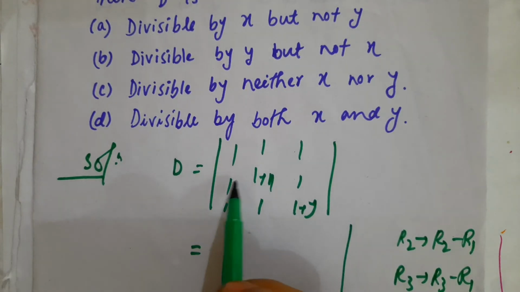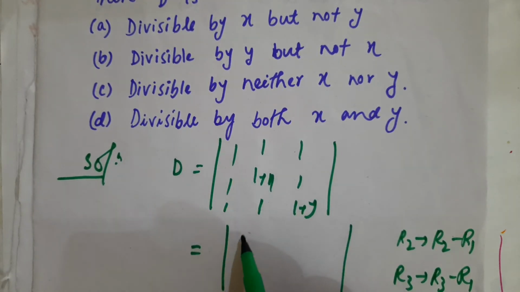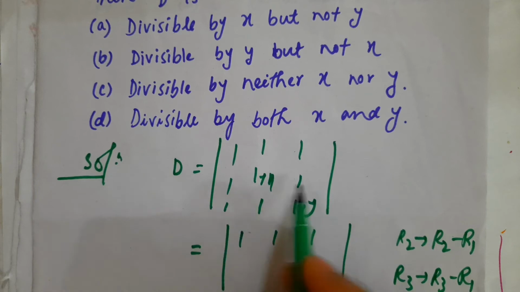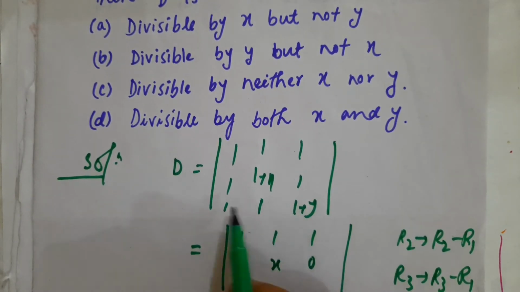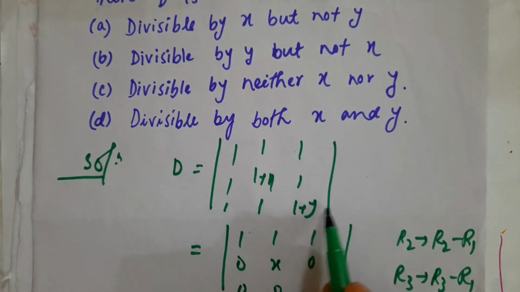In this operation, r1 remains the same but r2 changes: 1 minus 1, 0, 1 plus x minus 1, that becomes x. Similarly r3 changes: 1 minus 1, 0, 1 minus 1, 0, 1 plus y minus 1, that becomes y.